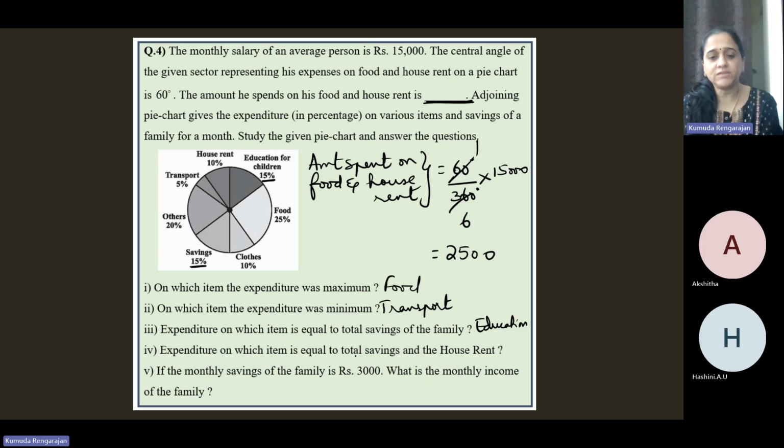Expenditure on which one item is equal to the total savings and house rent together? Total savings is 15%, house rent 10%, so 25%.